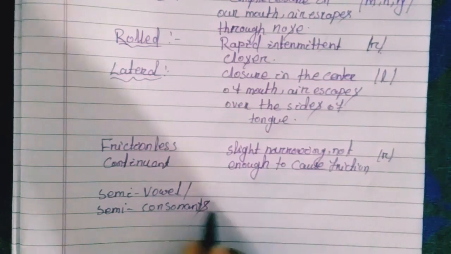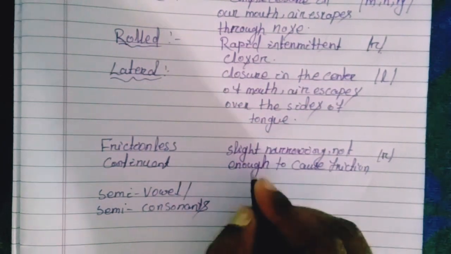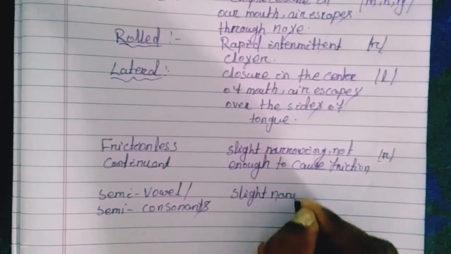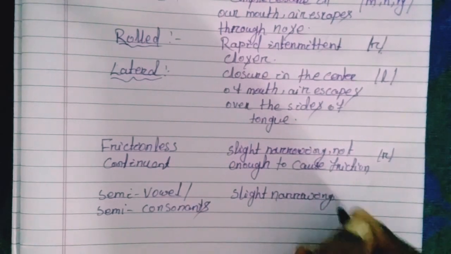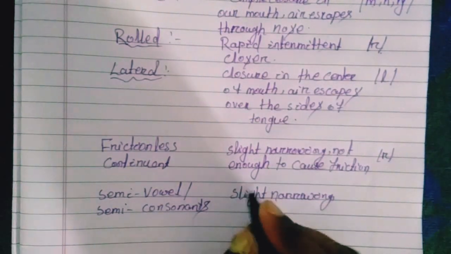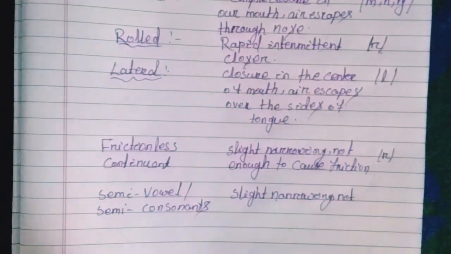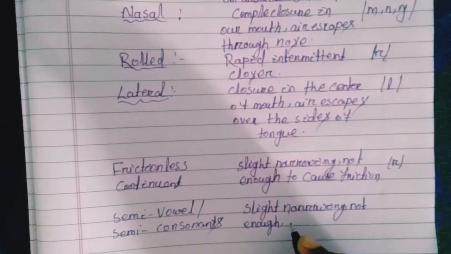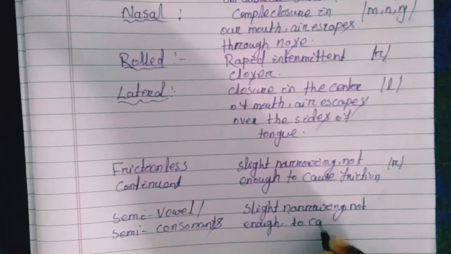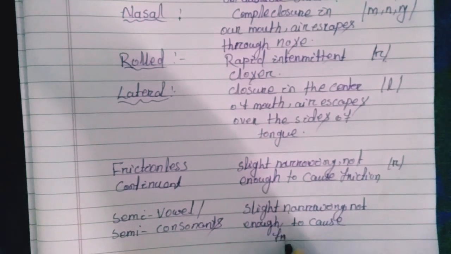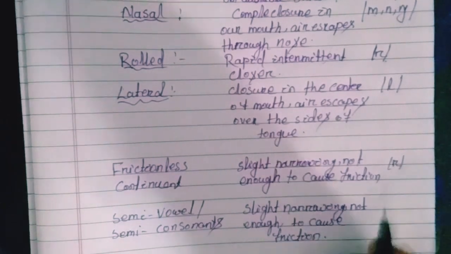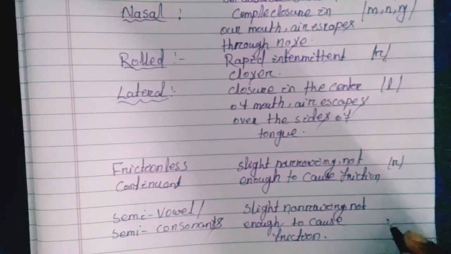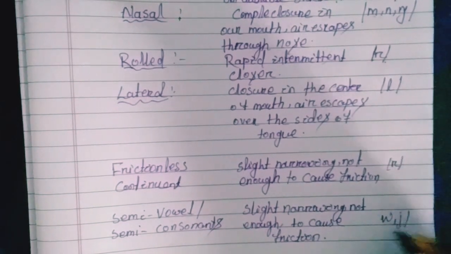The structure of these semi-vowel consonants is slight narrowing, and not enough to cause friction. And the examples of these semi-vowels or semi-consonants are wo sound and jo sound.